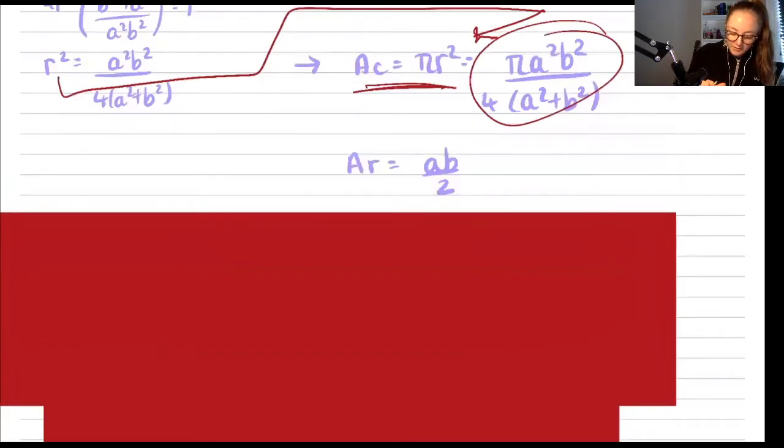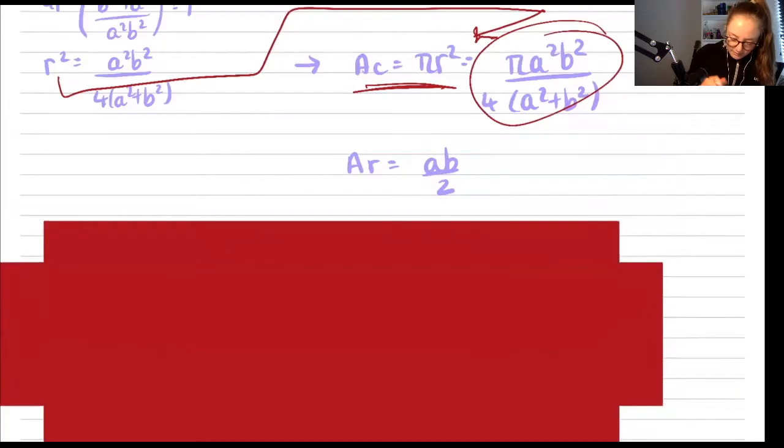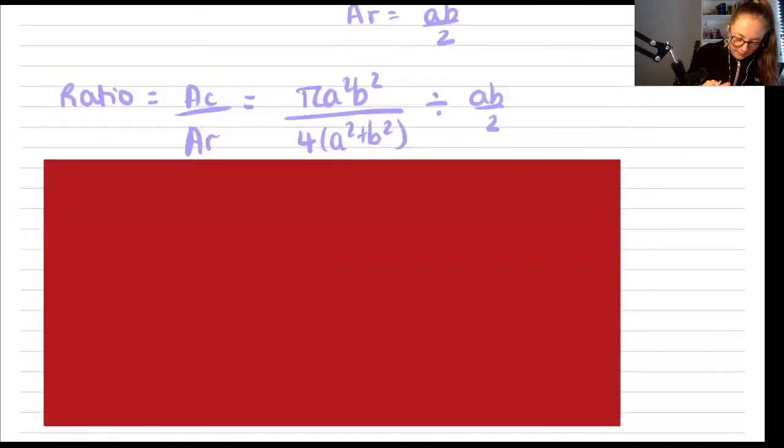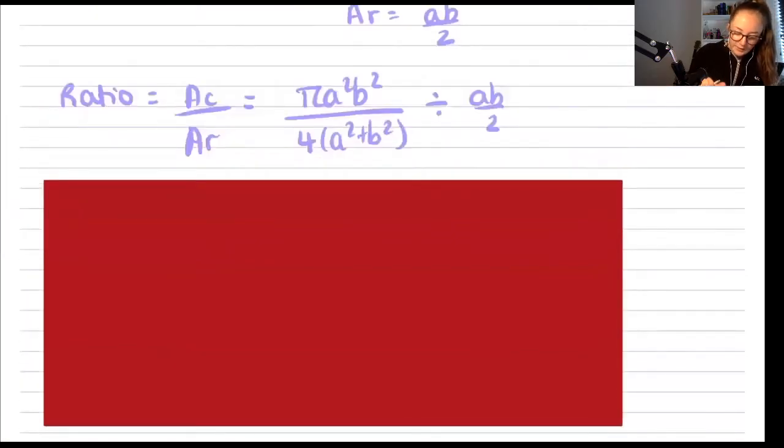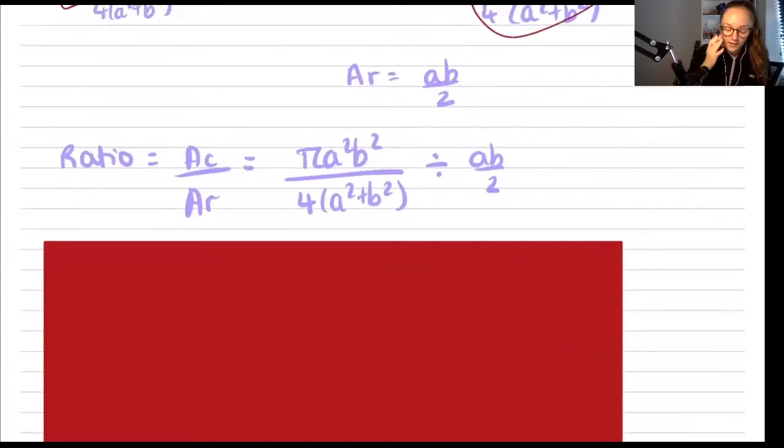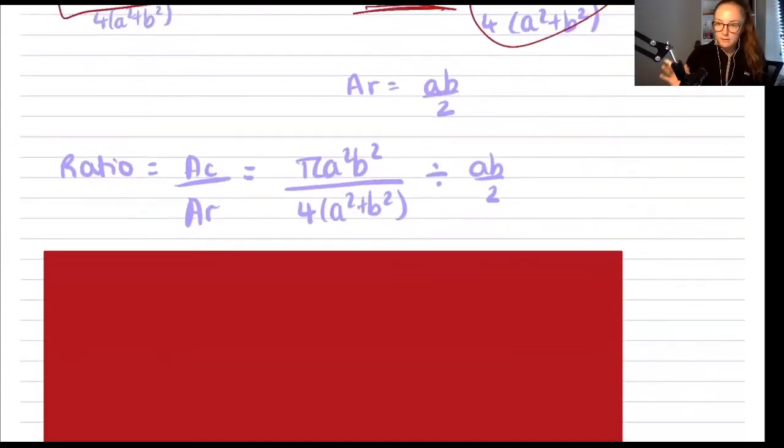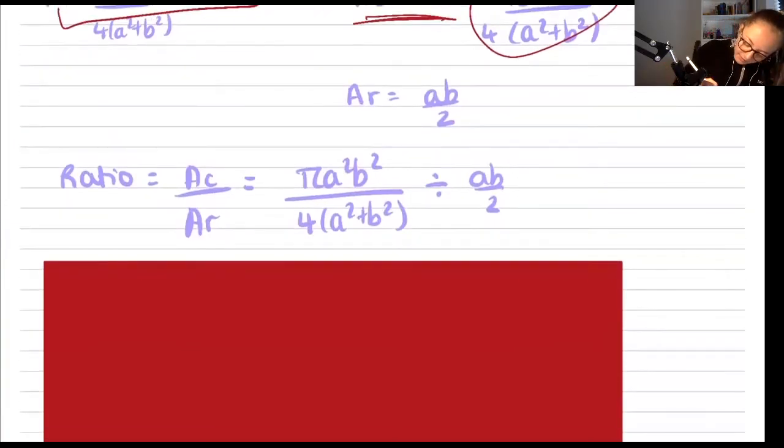And we worked out the area of the rhombus earlier. So to find the ratio, we just divide one by the other. So we wanted the ratio of the area of the circle to the area of the rhombus. So that way around.